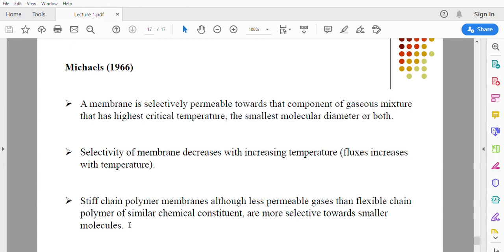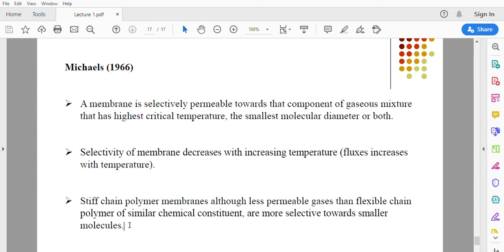At this condition you will get less flux or lesser stage cut, meaning the amount of gas permeating through the membrane will be less, but you will get higher selectivity for the lower molecular weight compounds. So stiffer membranes give less flux or lesser stage cut but higher selectivity.